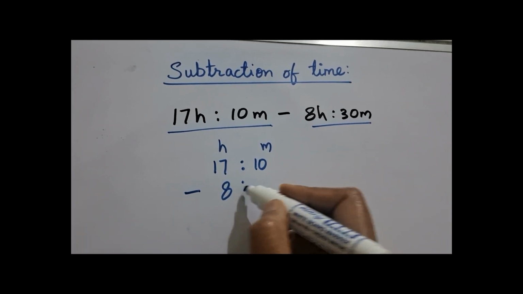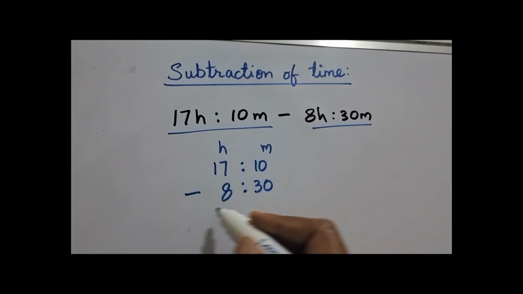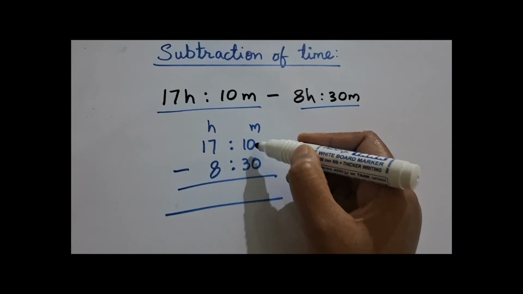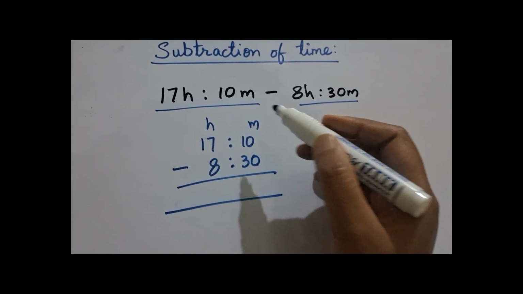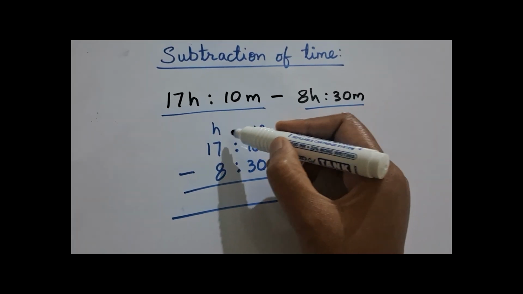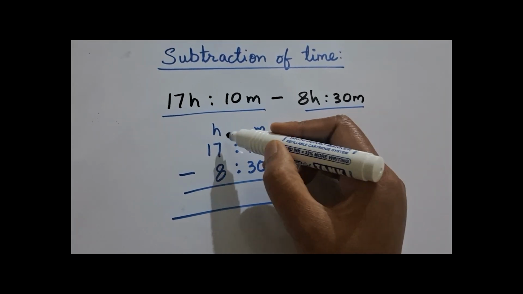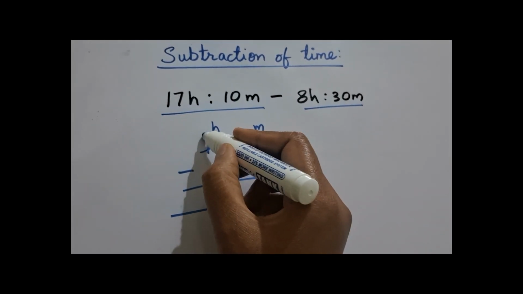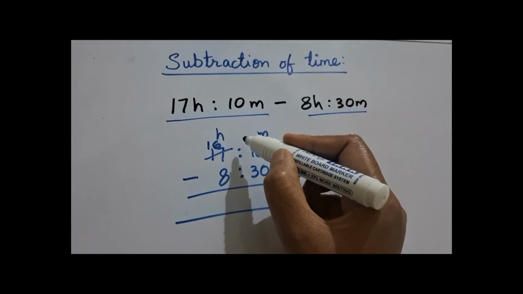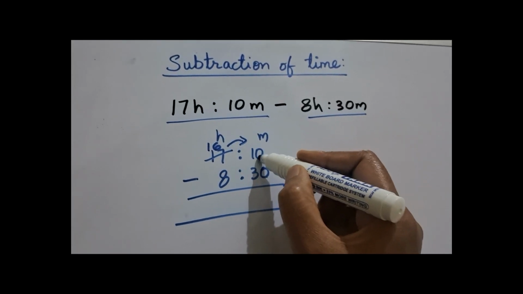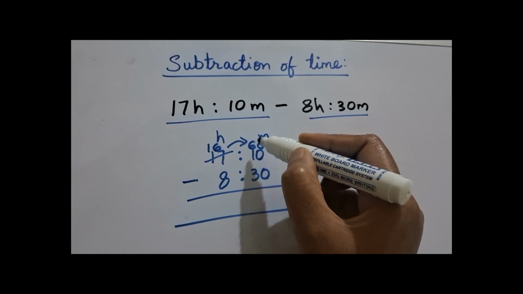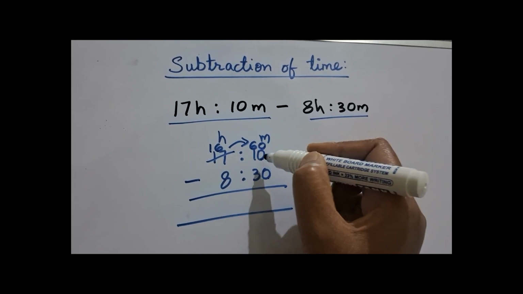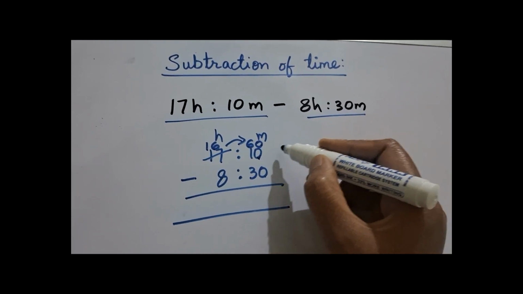Now, here we can see again 10 minus 30 we can't do. So we have to take borrow. From 17 hours we will take 1 hour here, so this will become 16 hours. And for these 10 minutes, 1 hour is 60 minutes, so 60 minutes are extra added. Now this will become what, children?